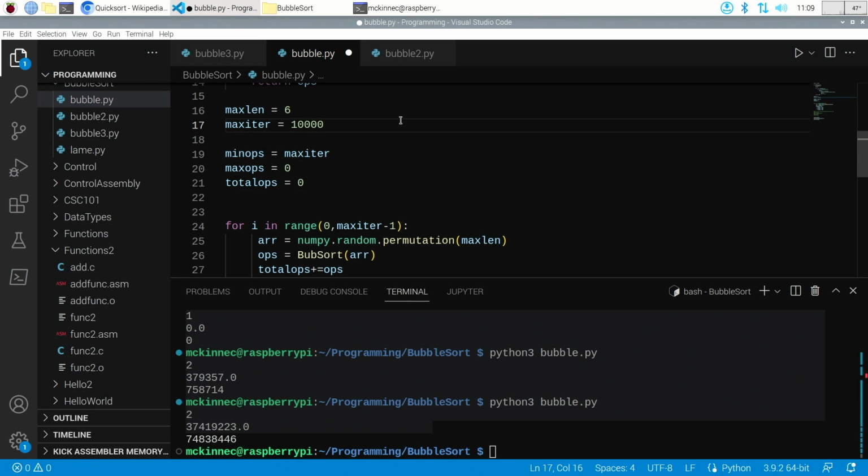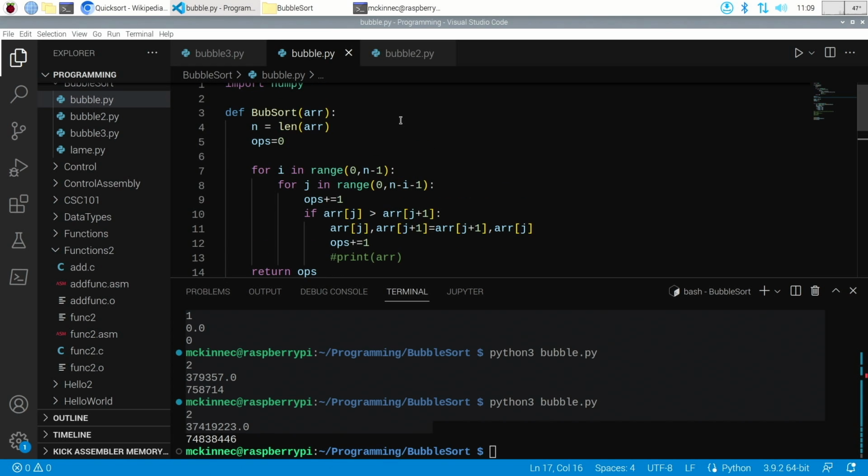What I've got here is I've programmed the algorithm in Python to go through the stacks of cards and look at each card and its neighbor pairwise. If the one on the left and the one on the right are out of order, then swap them.